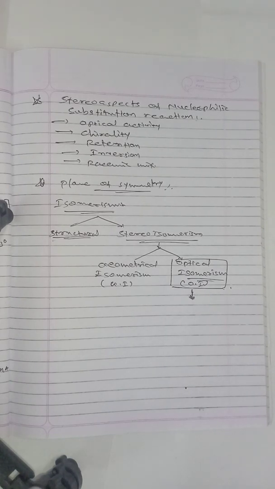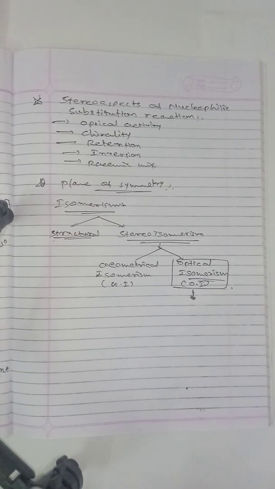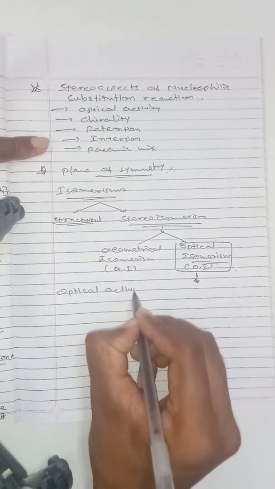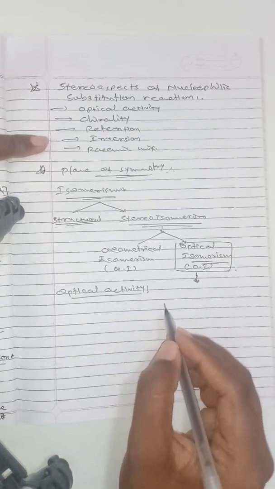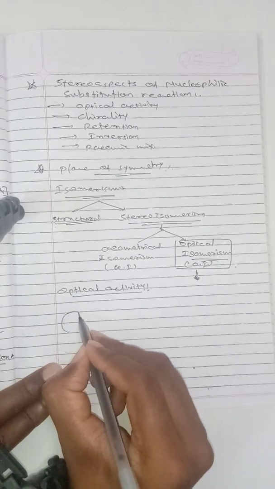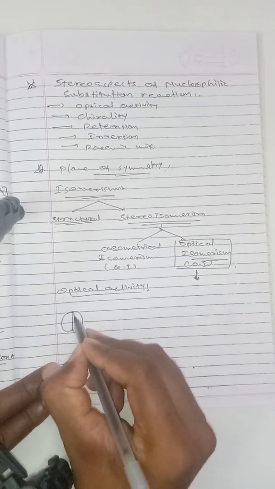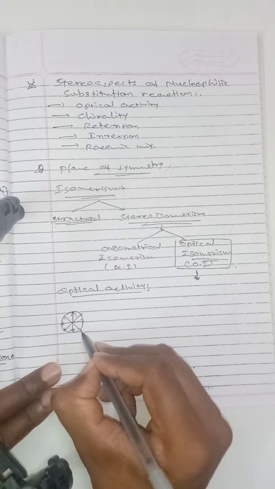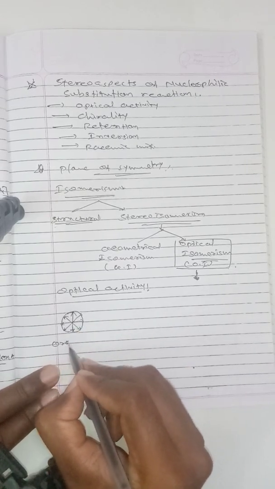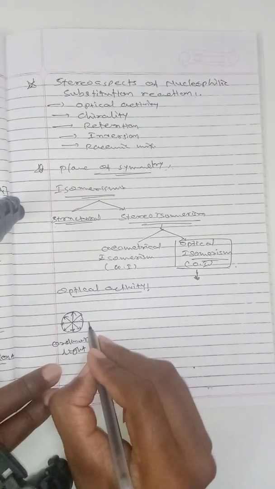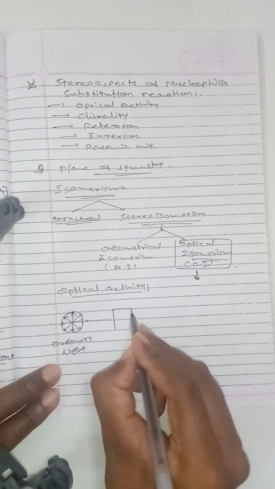Now let's see the basic idea about optical activity. Ordinary light vibrates in all directions. It is passed through a Nicol prism.